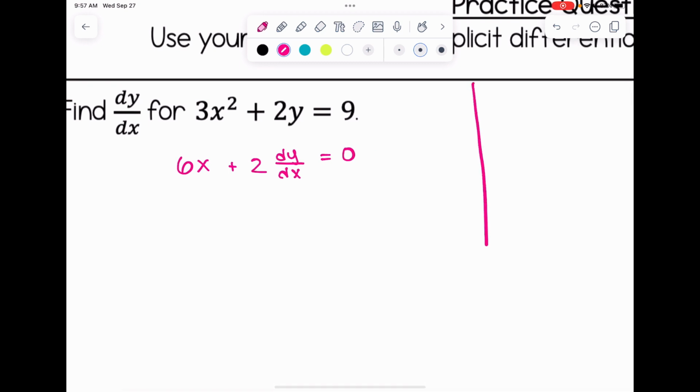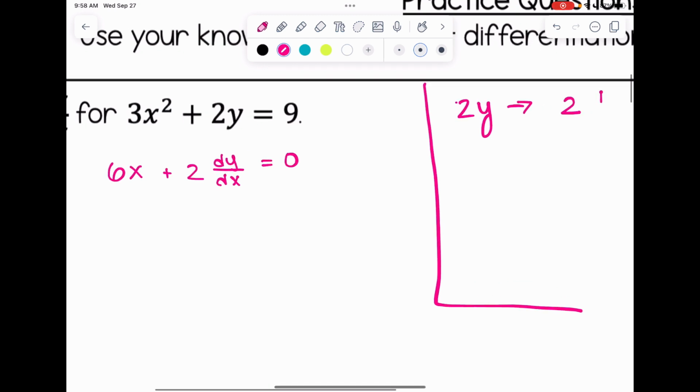Let's talk for a second before I go on as to why that derivative of 2y is really coming out to be 2 dy/dx. So let's pretend for a second we had 2 times sine x. The derivative of that would be 2 cosine x.